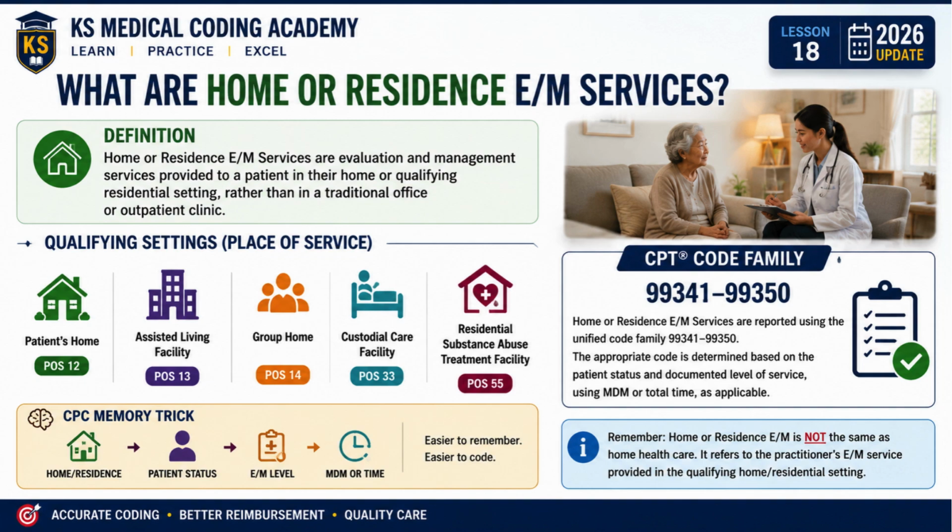For CPC questions, remember to identify the place of service first, then determine the patient status and appropriate E/M level based on MDM or total time, as applicable. And remember, home or residence E/M is not the same as home health care. Think: setting, then patient status, then E/M level, then MDM or time.